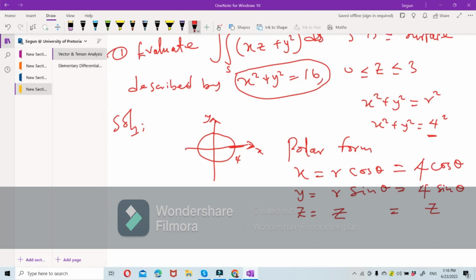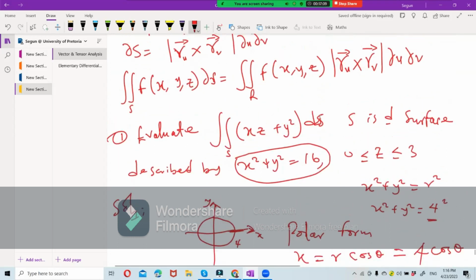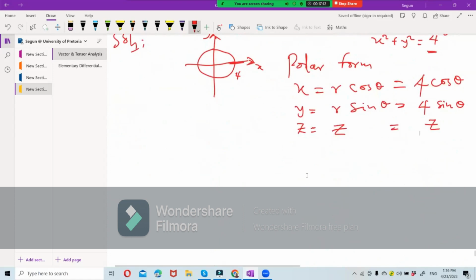Now that we have this, there are things we need to take note of. Now we have everything in theta. Remember we are given z.